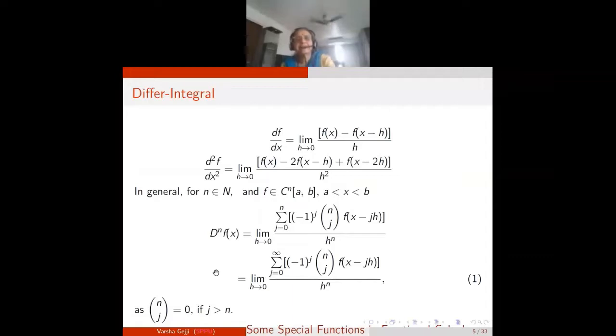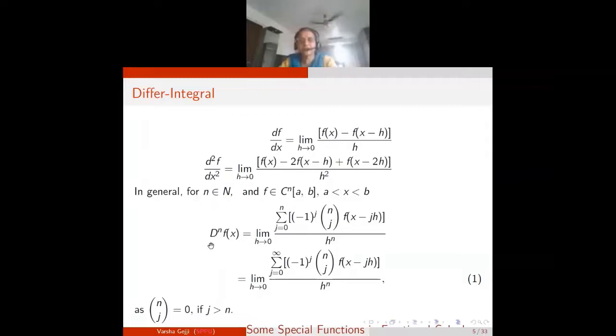So let me just motivate what a differ-integral is, which was further developed by Grünwald and Letnikov. The ordinary first order derivative is this limit of f(x) minus f(x minus h), divided by h. The second order derivative is the second order difference divided by h squared.